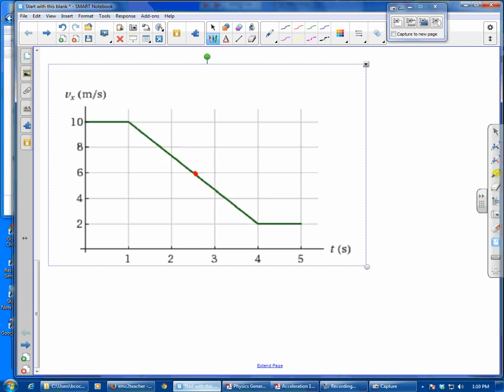6 meters per second. Yay! How'd you get that? Yeah, you noticed it hit right at 6. Good graph reading skill. What direction is the object moving along at that time? What do you guys think? Positive x, because we have a positive value of our velocity.